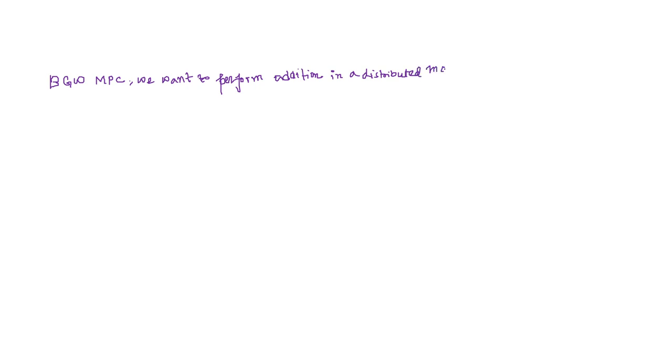That is the whole purpose of doing MPC, that the computation will be performed by multiple parties and they won't reveal the parties' inputs to each other.